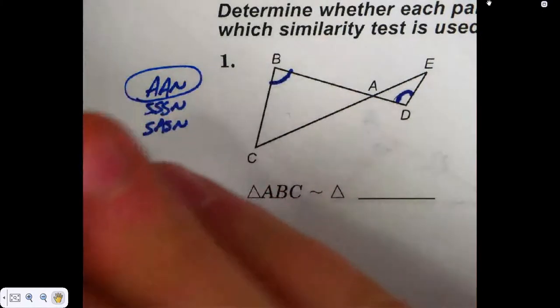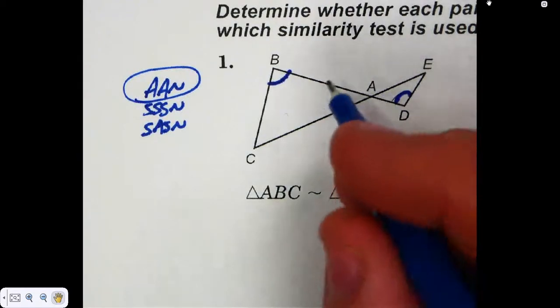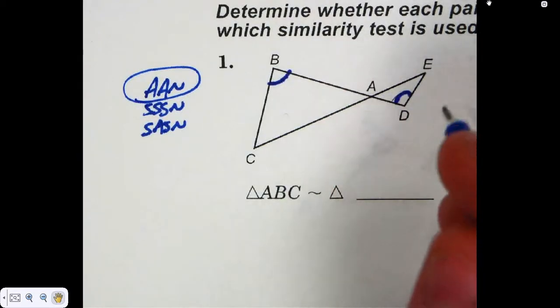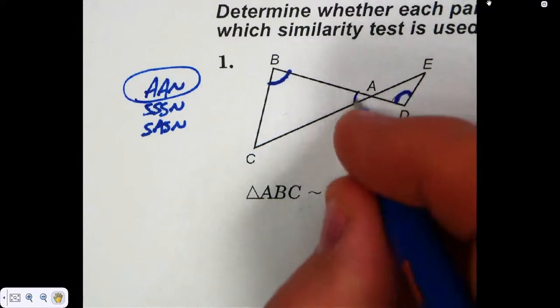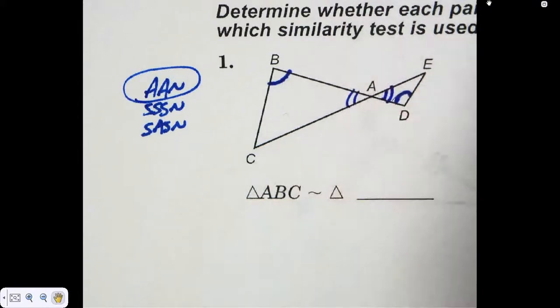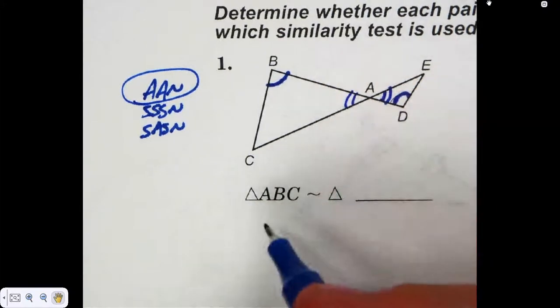However, the nice thing is I have one of those situations I've talked about where I can actually look at a picture and I can tell that two things are congruent. And the reason is these two lines intersect. And what do we know about opposite angles when they intersect? They are congruent because they're vertical angles. So now I have two angles.